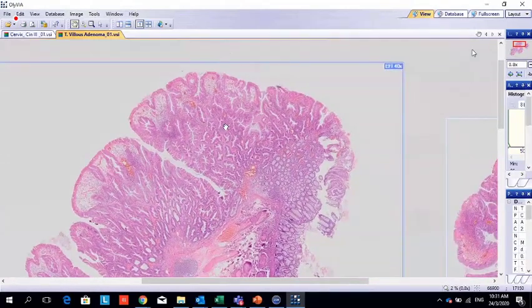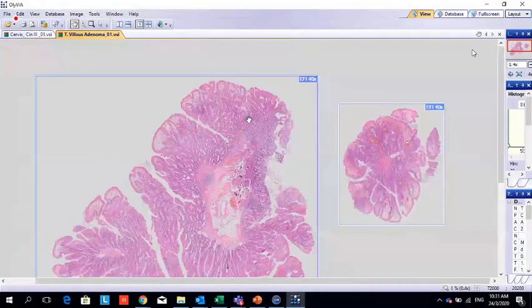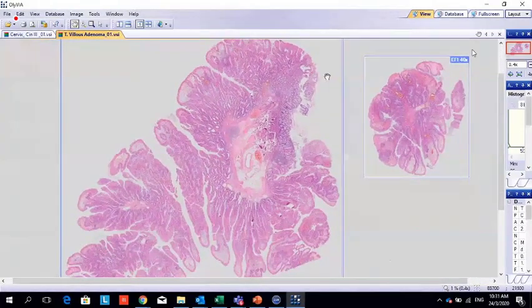Okay, look at this mucosa. What do you think? What does this look like? See, how is it? Finger-like projection. Yeah, finger-like projection, but the end is wide, so we call this tubular adenoma.